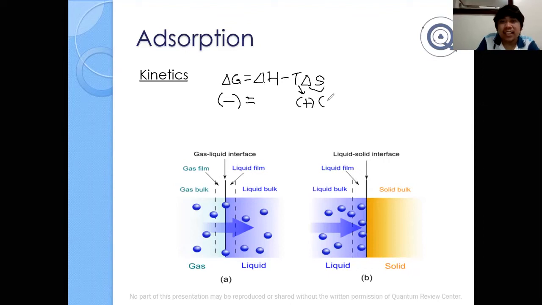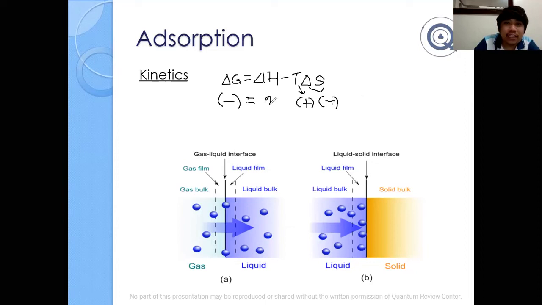Yung delta S natin should be negative. Sir, bakit po negative? Kasi adsorption process yields a more ordered system. Di ba? Pag dumidikit yung particles, mas nagiging still sila. So mas nagiging ordered yung system when it is adsorbed. When it is adsorbed, mas bumababa ang disorder. Kaya negative ang delta S.